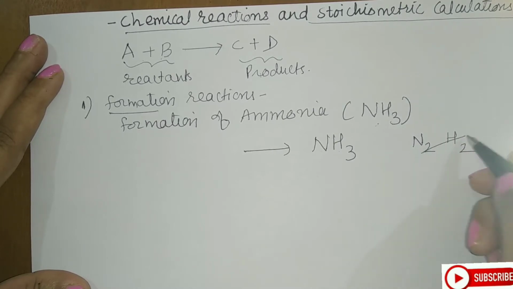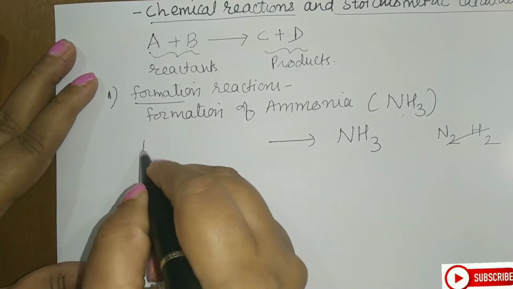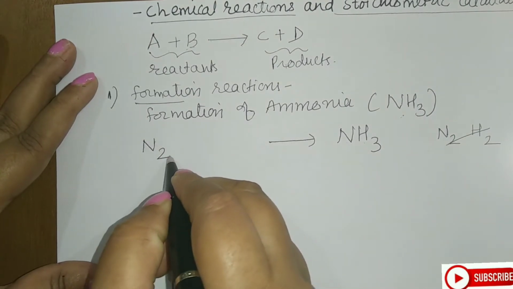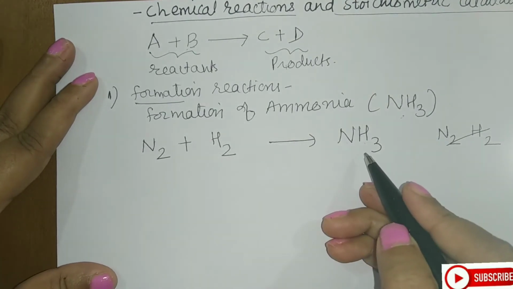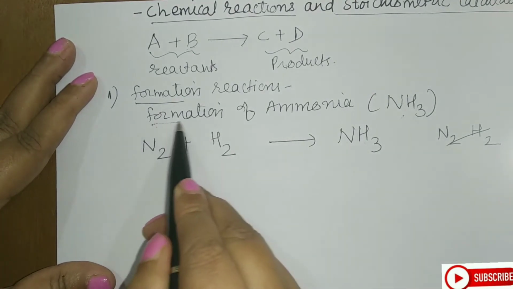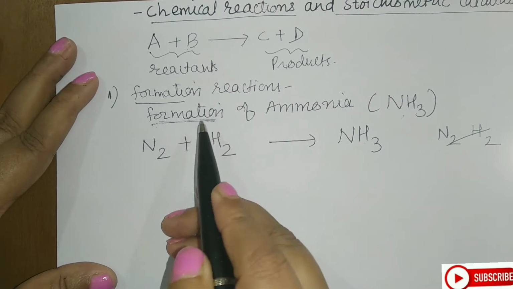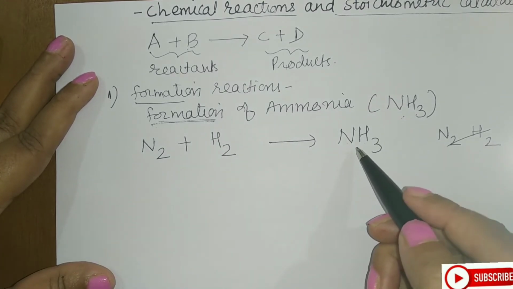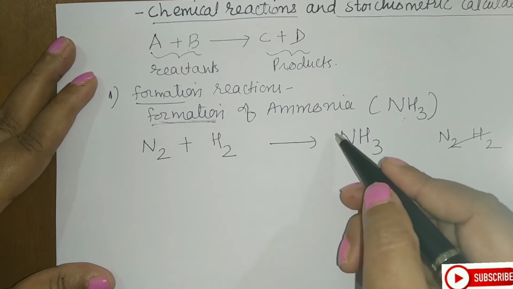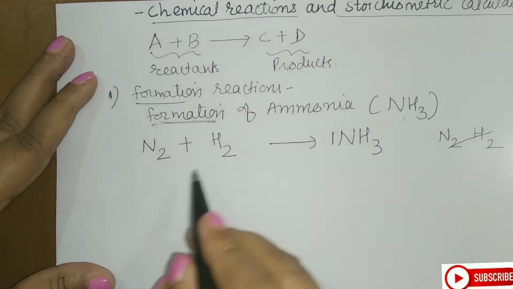So what will be my reactants now? My reactants will be N2, that is nitrogen, plus H2, hydrogen, gives me ammonia. Now here it is formation of ammonia. So students, always take care that the number of moles for ammonia must be 1 and then you will balance the equation.